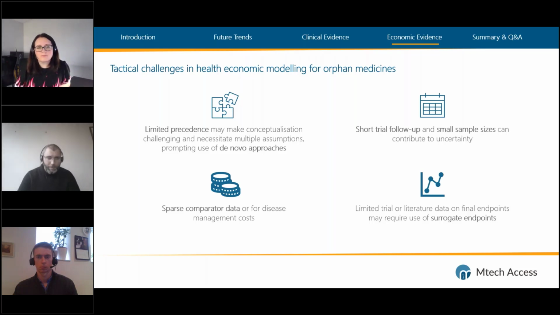So it may be that comparator treatments went through HTA a long time ago. They may not have gone through HTA. It may not be quite as clear as we'd like exactly what inputs and assumptions they were using. The data may not be cut in a way that matches the trial of interest that we're dealing with at the moment.